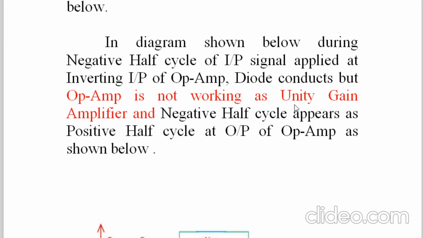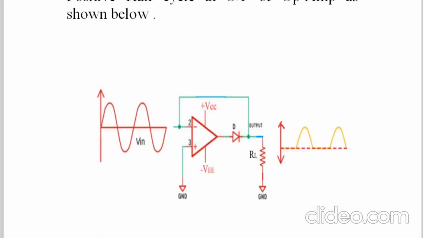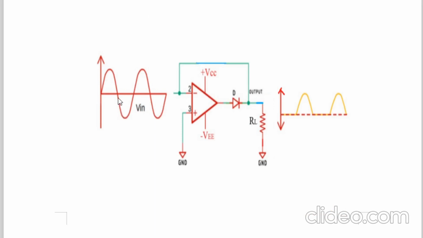But the op-amp is not working as a unity gain amplifier, and the negative half cycle appears as a positive half cycle at the output of the op-amp as shown below, because the op-amp is used in inverting configuration mode. And see here, this negative half cycle will appear at the output as a positive half cycle.